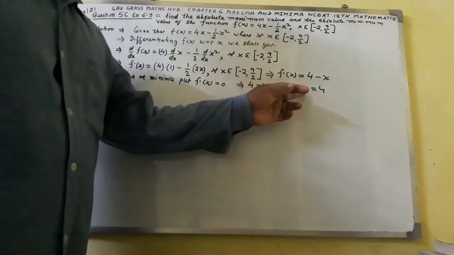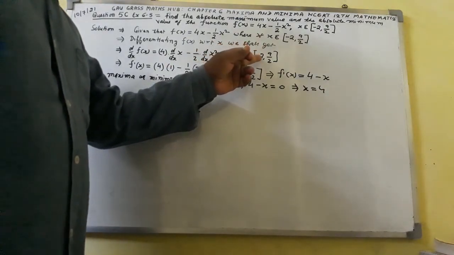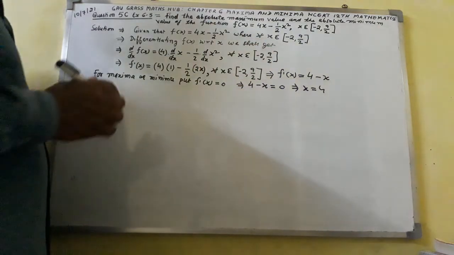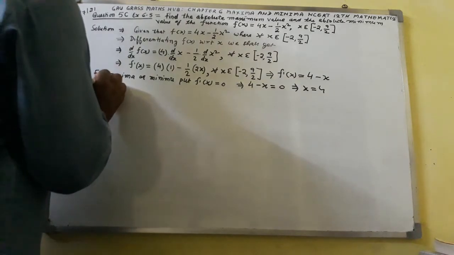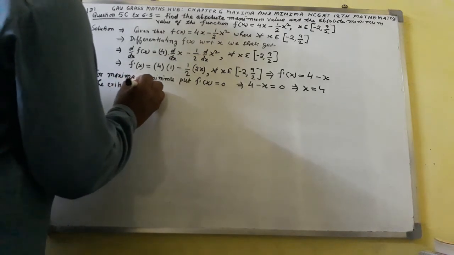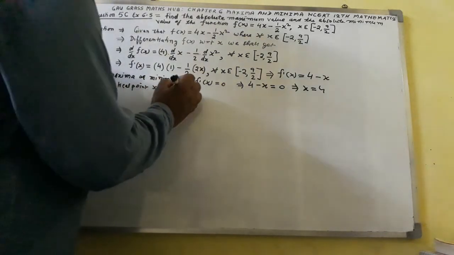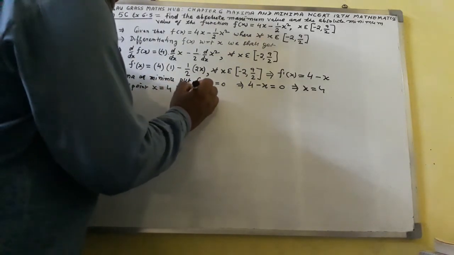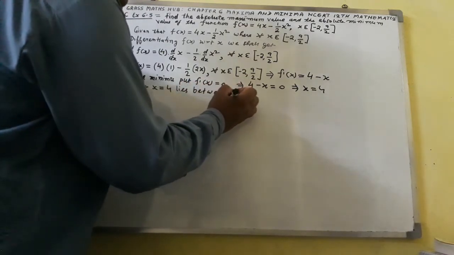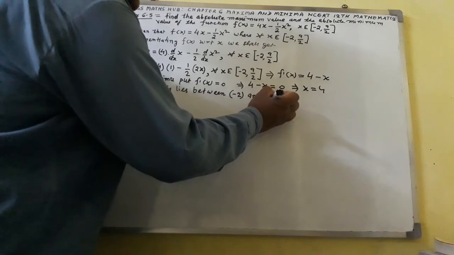Now check whether x equal to 4 lies between minus 2 and 9/2.